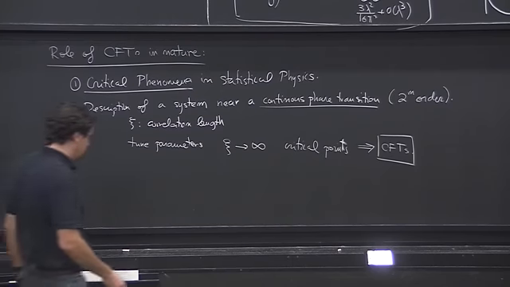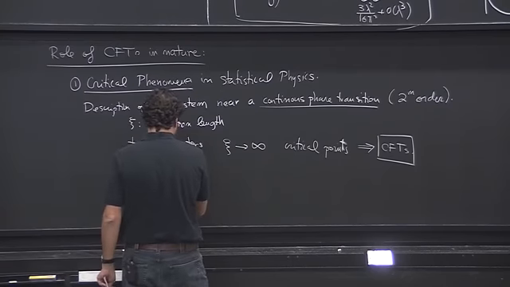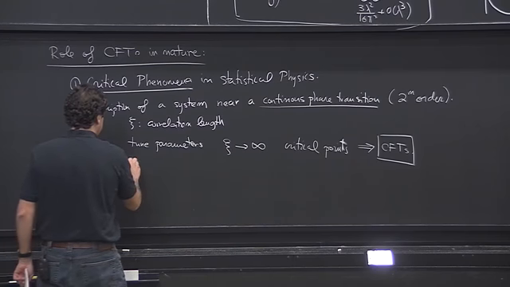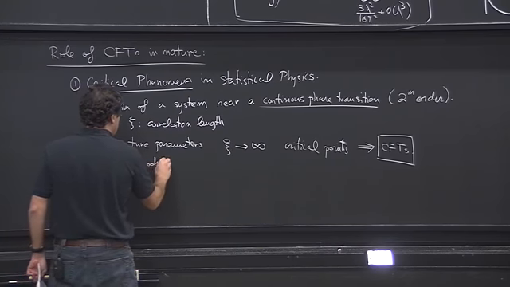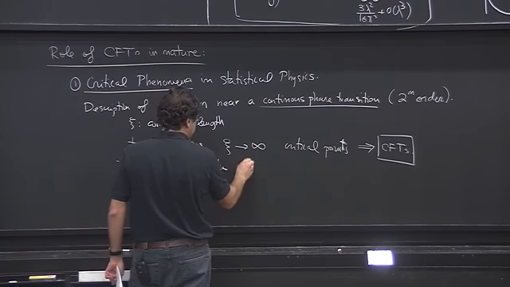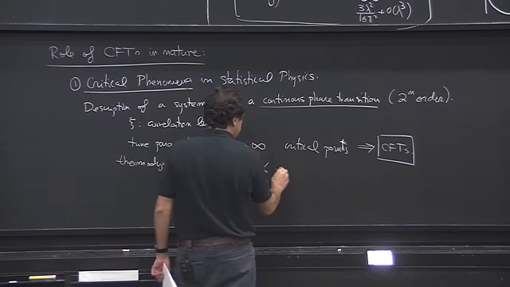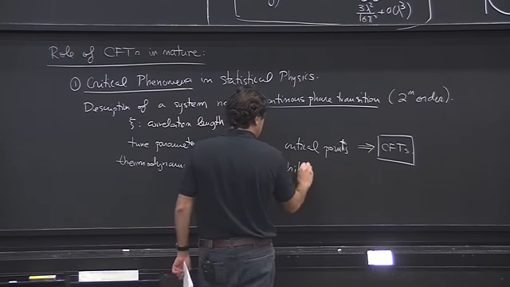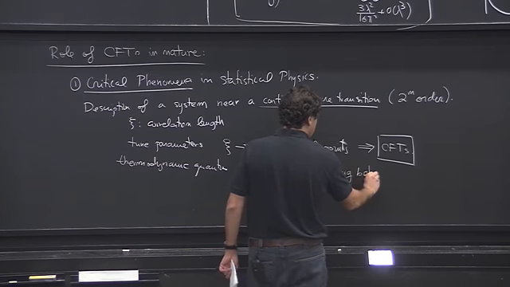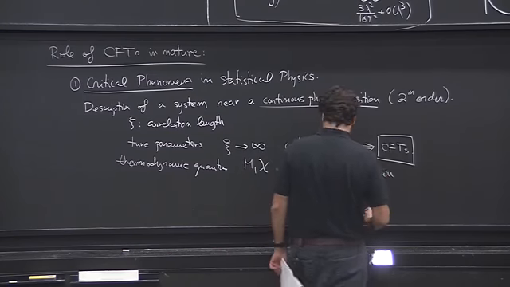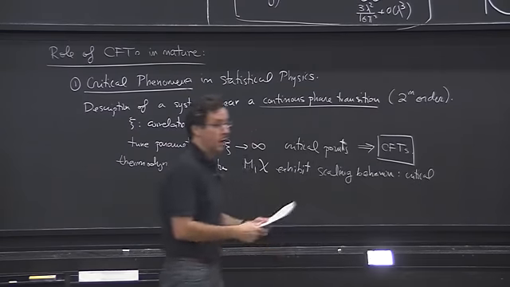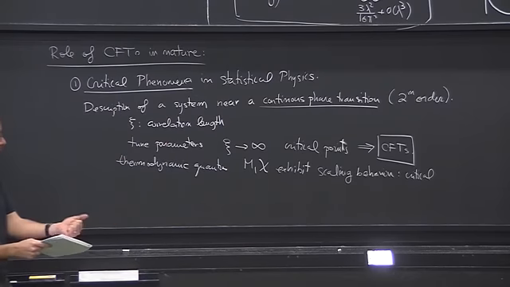And essentially, near a critical point, the thermodynamic quantities like magnetization, susceptibility, and so on, exhibit a scaling behavior which is characterized by critical exponents that tell you how these quantities behave as a function of the control parameters as you approach the fixed point.